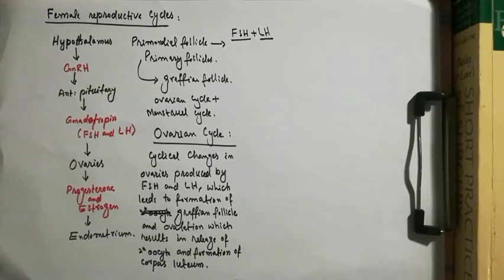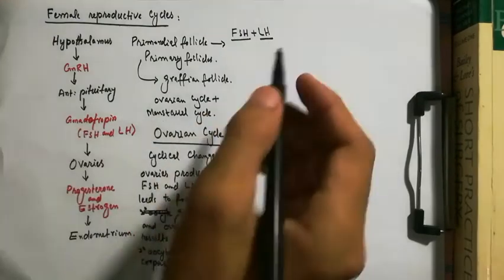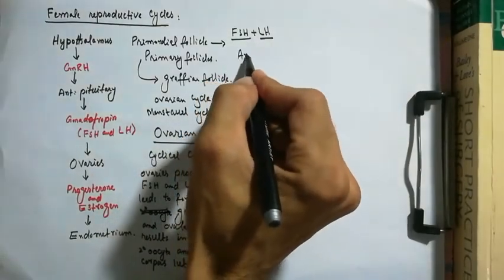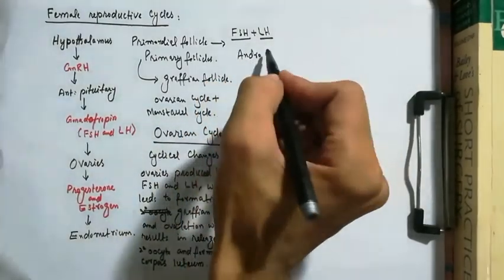In ovary, estrogen is secreted from granulosa cells or follicular cells, and some estrogen is also secreted from theca interna. Theca interna also secretes androgens. Androgens are male sex hormones.